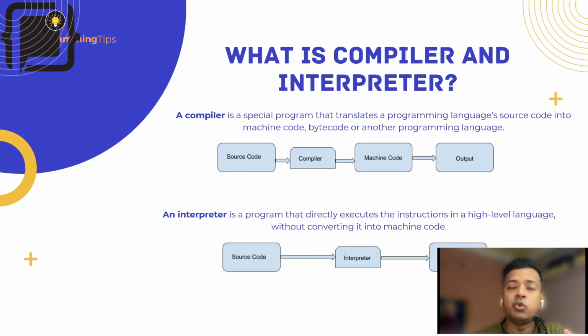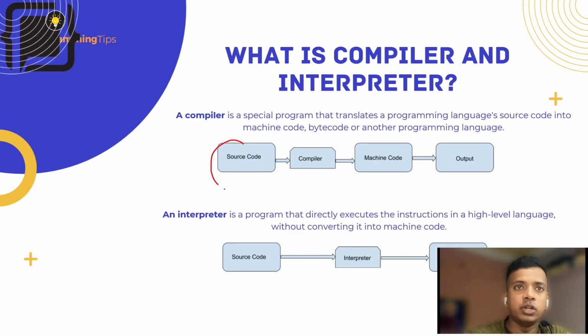So actually what does a compiler do? A compiler is a special program that translates the programming language's source code into machine code. Whatever code you write on the computer is converted through the compiler to machine code.